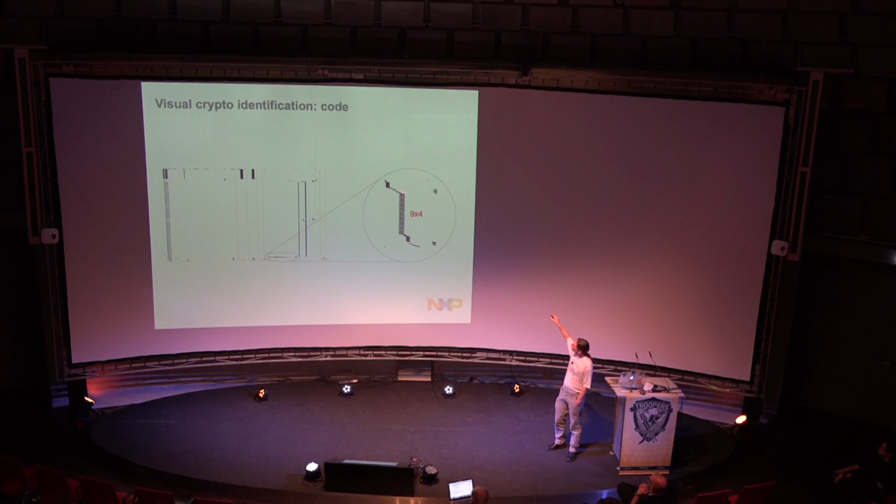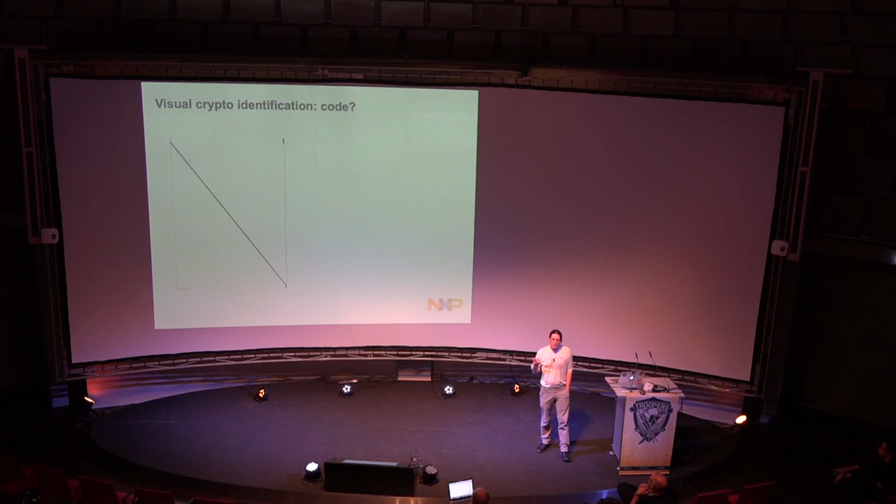So actually, you have 9 times 4 blocks, and then a 10th one that is a little bit different. Any guess what kind of crypto it could be? What crypto cipher is it? So we have actually 9 plus 1, 10 rounds. Does that speak to you?